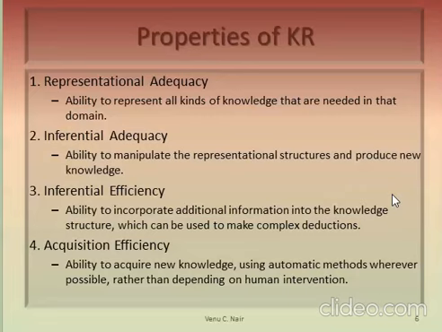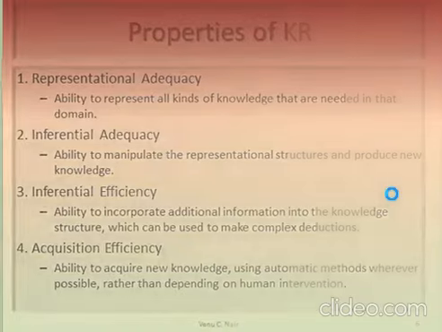It has to be generated from the existing knowledge using automated programs wherever possible. So the human being should not enter into the activity of generating new knowledge. That is known as acquisition efficiency. So these are the 4 properties of knowledge representation.